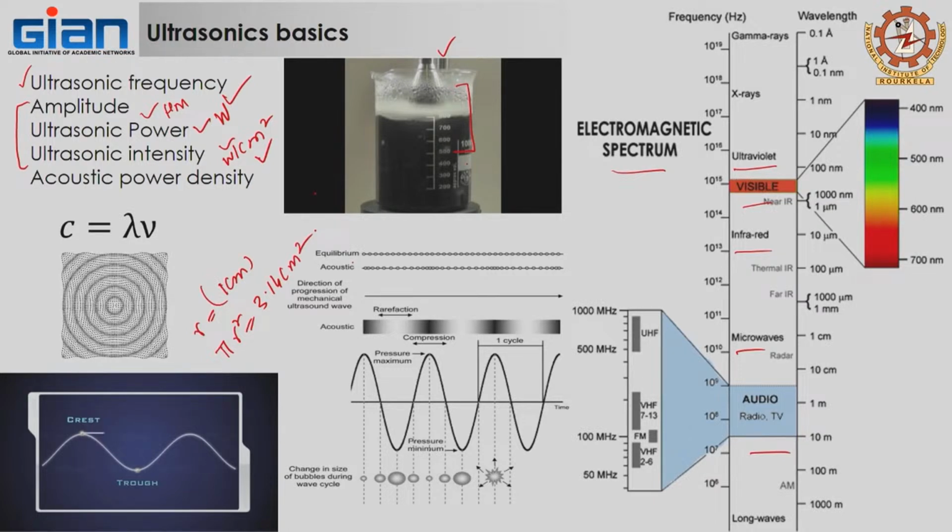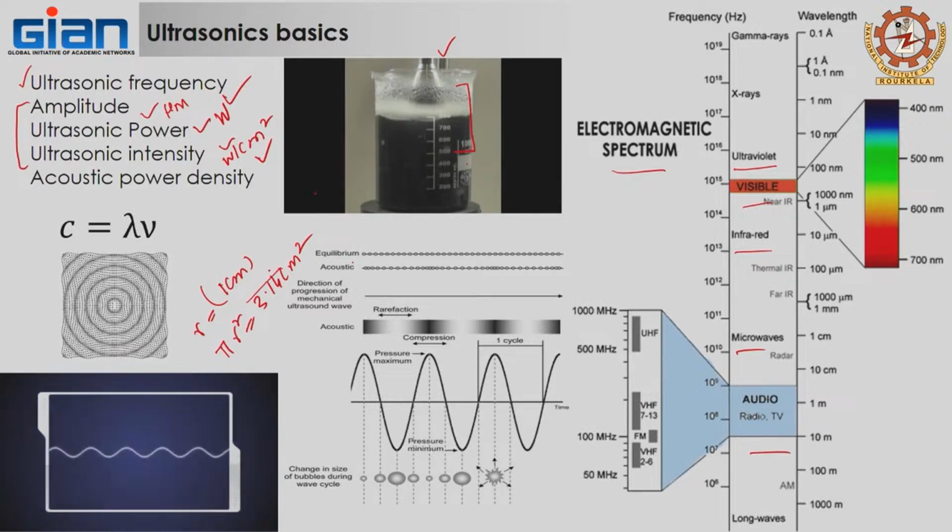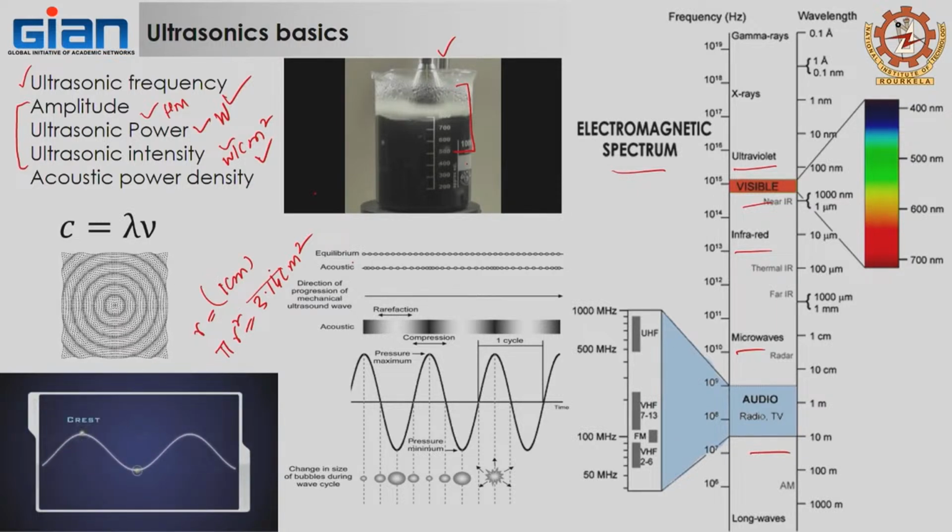Watt divided by the radiating surface area becomes ultrasonic intensity.